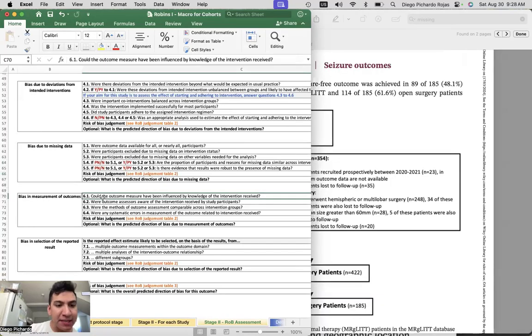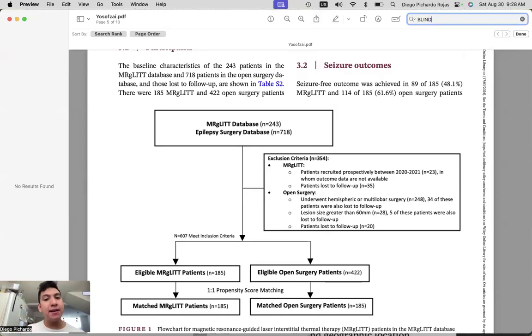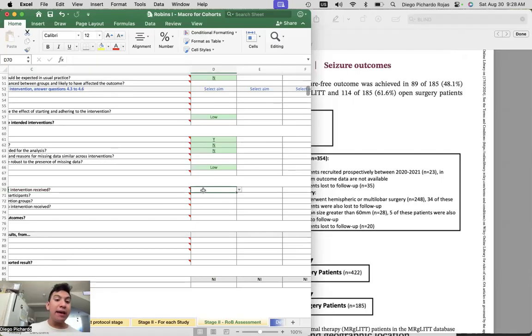Okay, bias in measurement of outcomes. Could the outcome measurement have been influenced by knowledge of the intervention received? What we're going to look for is blinding, all right? There was no blinding, so there is a concern, all right? It could have, probably yes.